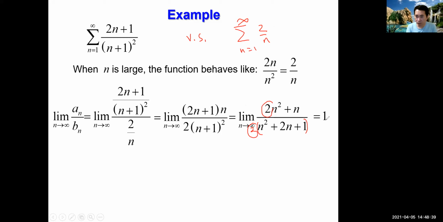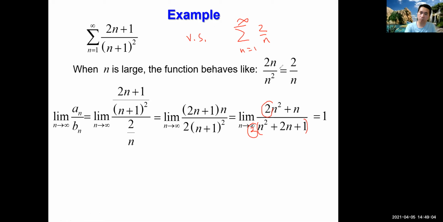The ratio is 1, so the ratio of corresponding terms is 1. So the terms are about the same, hence the sum is about the same, and hence if one series converges, so does the other one. I don't know about this one, but I do know about the series that we came up with.